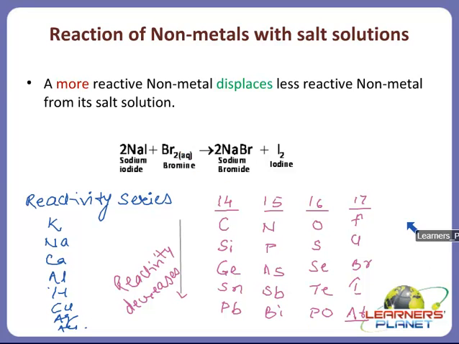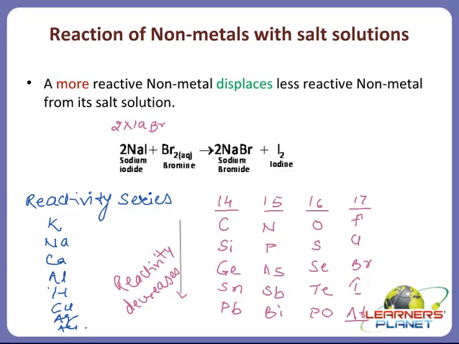Now I can check from the position in the group which is above: bromine. Which is below: iodine. Which would be more reactive? Bromine. So what is this bromine doing? It is replacing iodine from sodium iodide. Clear?